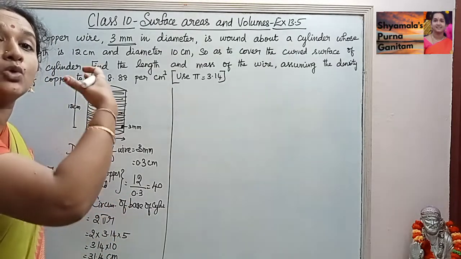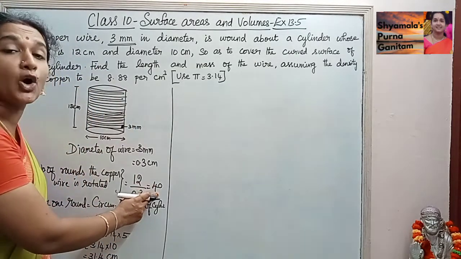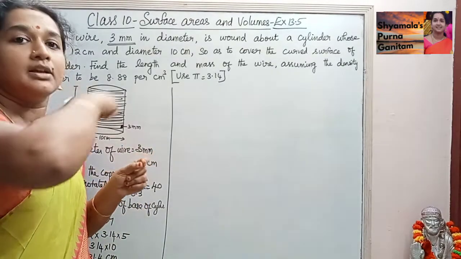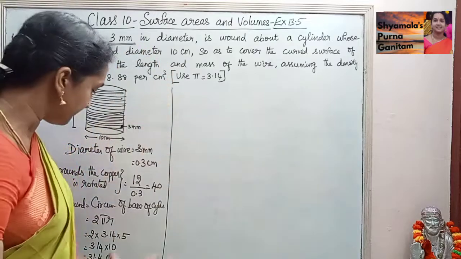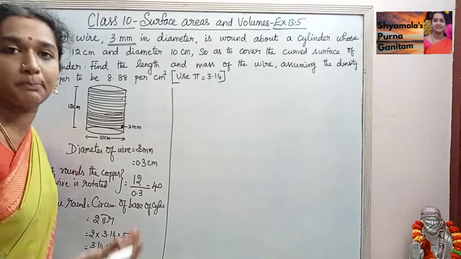We found that we are making 40 rounds to cover the entire height of the cylinder, and one round makes 31.4.